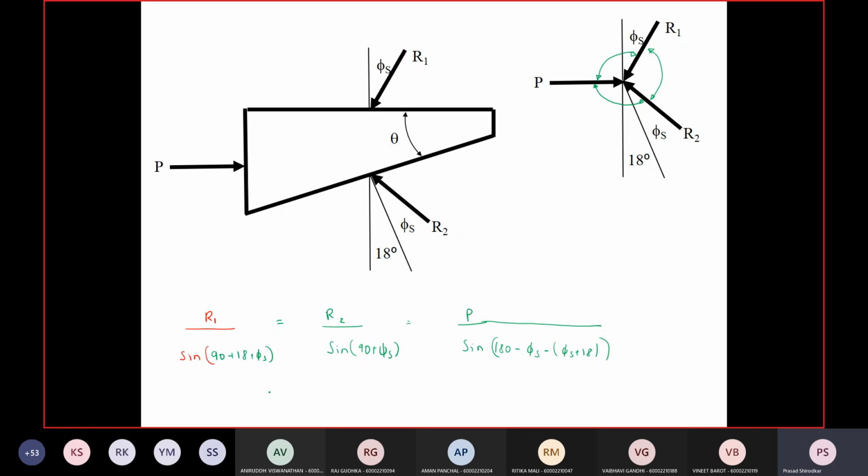All right. So find out P, because R1 we already know. We don't need to go into R2. So directly find out using the first and the last part of the equation.